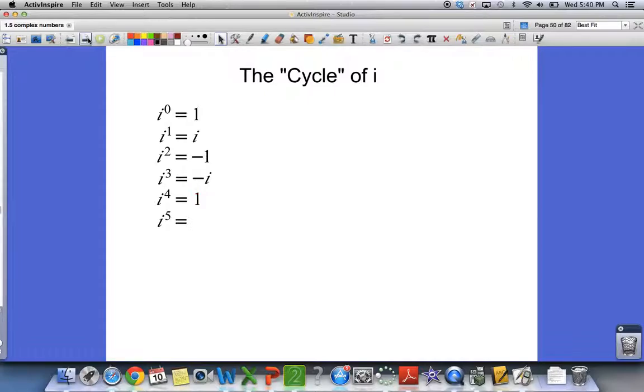Now there's multiple ways. i to the 5th. Get a chance here, pause the video, and on a piece of paper, write down and figure out what i to the 5th power is. Actually really do it on a piece of paper. If you've done it, there's multiple ways.